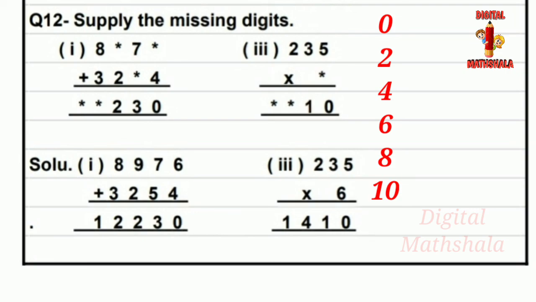So all the even numbers when multiplied by 5 give 0 in the unit place. So one by one we will try all the numbers. First we will take 0.